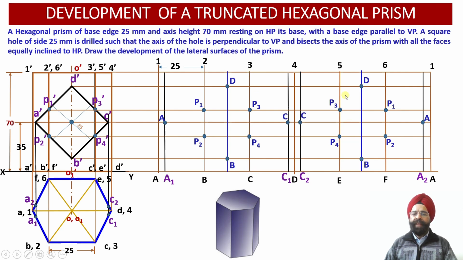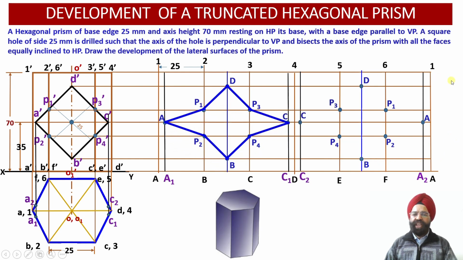Similarly, P3, P4 points onto the vertical edge 5E onto the rear face of the solid will be obtained. Now we can check all the 8 points of intersection corresponding to the square hole onto the front face and onto the rear side of the solid have been obtained.